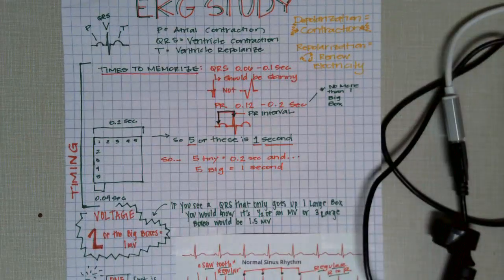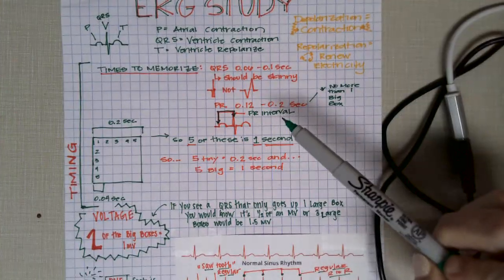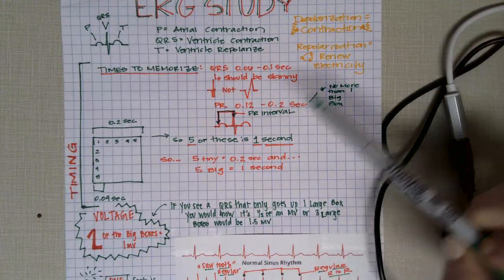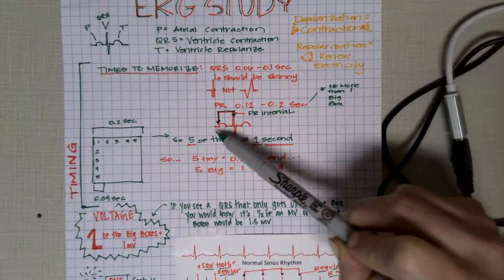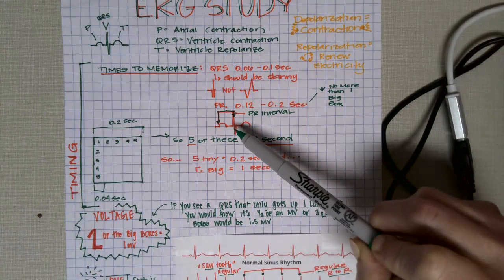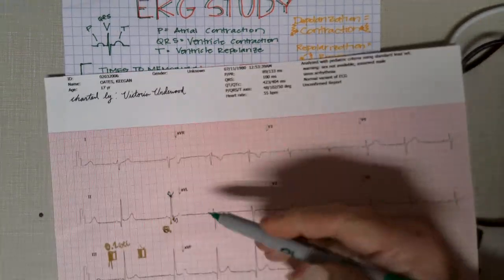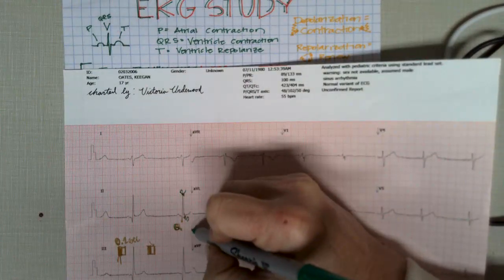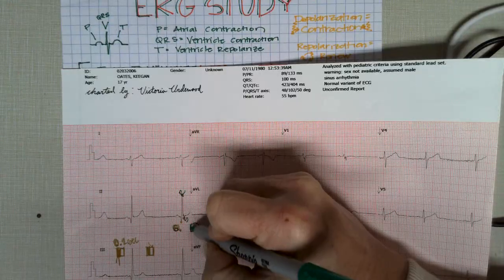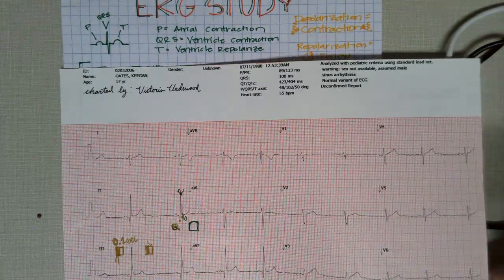So the PR interval is 0.12 to 0.2 seconds. So basically, if you see from the beginning of the P wave to the top of the R wave being bigger than one of these squares right here, you got a problem, okay? You've got a conduction defect.